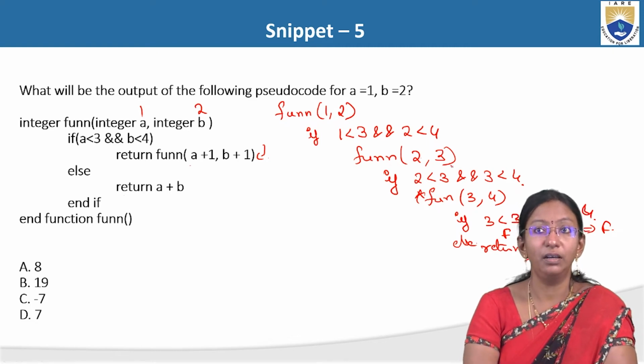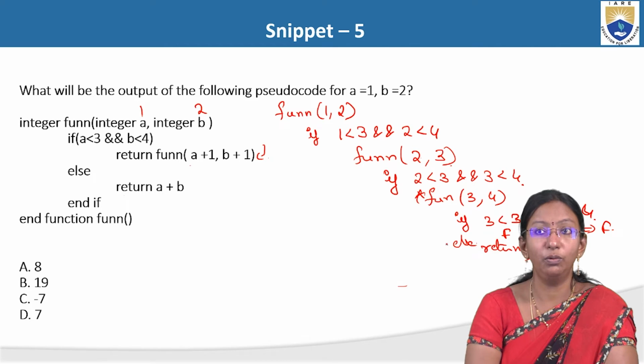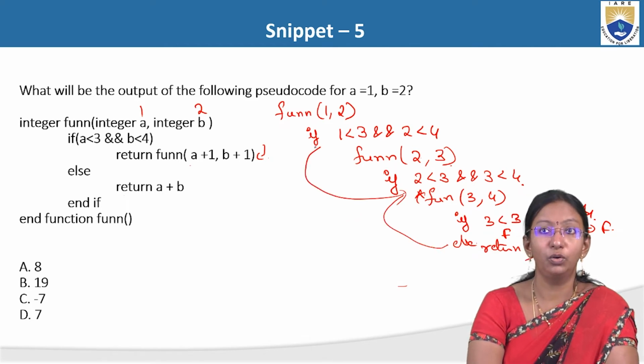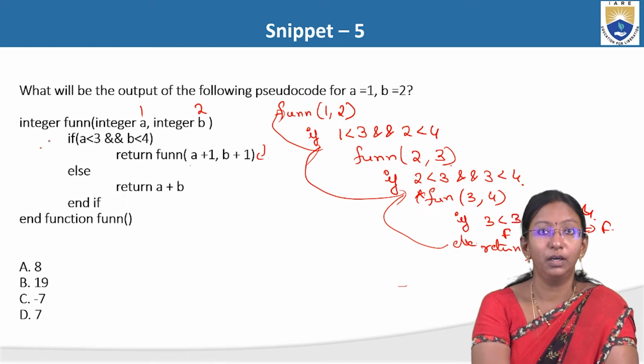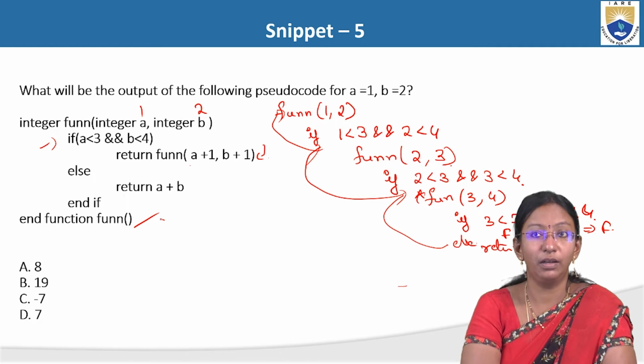Once it is done, where is the control going to go? To the one who has called. Its body got executed, and control goes to the one who has called, which was saying that after the execution of if, all the recursive calls end the function. That is the end of the function.